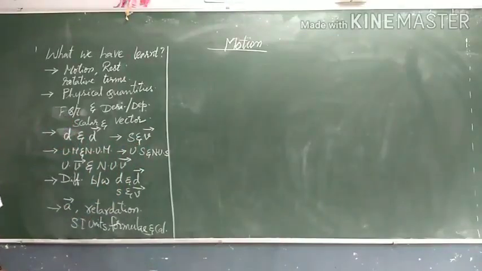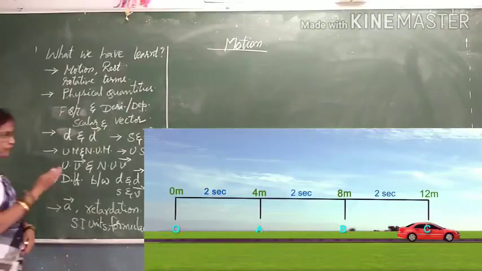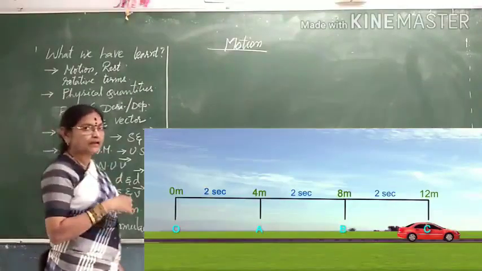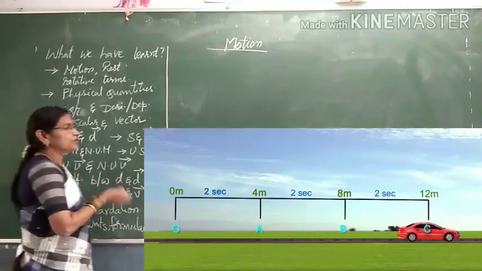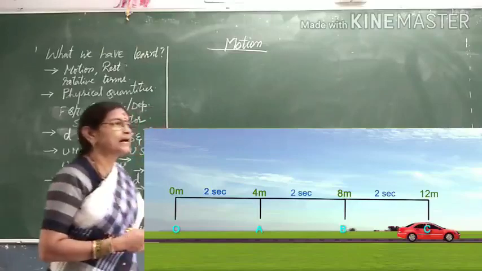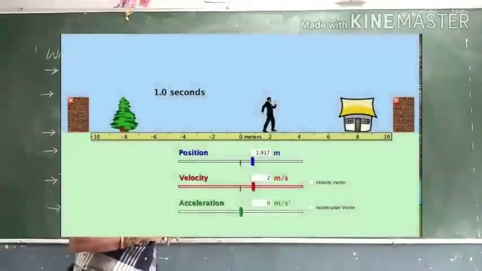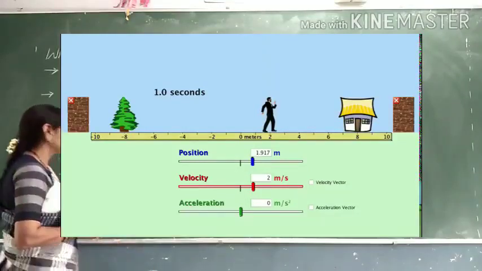Now in the third class, what we have discussed: what is uniform motion, non-uniform motion, uniform speed, non-uniform speed, uniform velocity, non-uniform velocity, and if the body is moving in a circular path, how can you calculate the distance covered and the displacement.